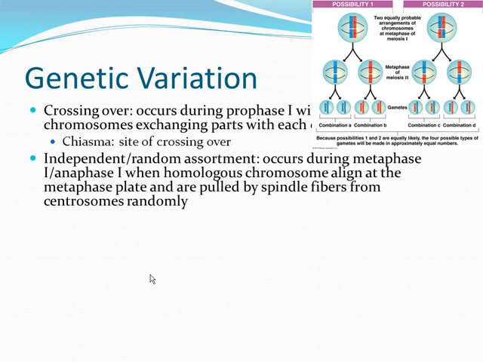So once again, this is one possibility if you end up only having two pairs of chromosomes, a total of 4 chromosomes as this cell did. Random assortment will cause these two haploid cells to form.